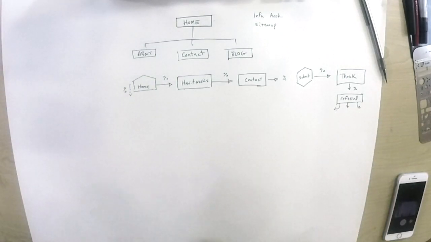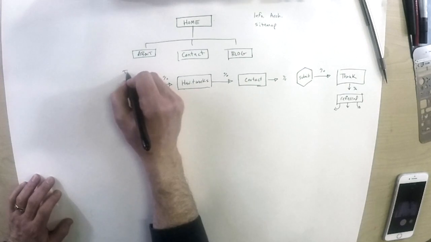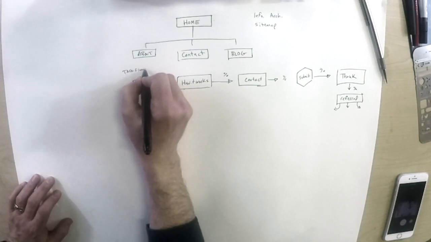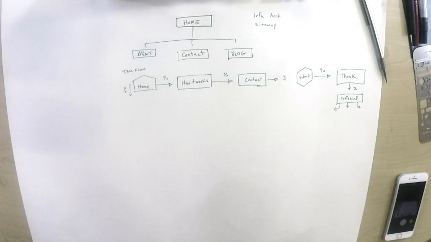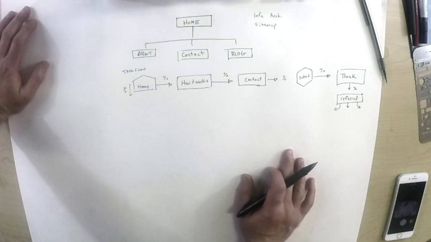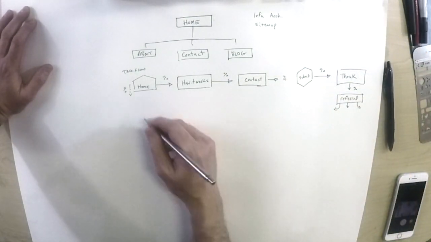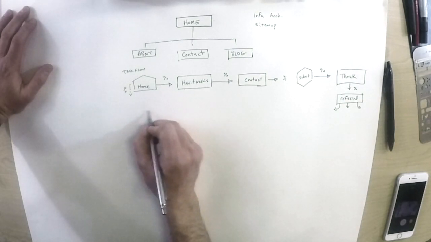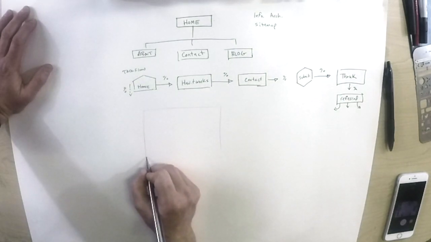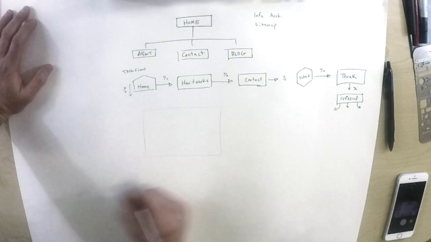Okay, so already we talked about sitemap, task flow. And next, I would typically do some kind of wireframing. And by wireframing, I really mean coming in and saying, well, here's the basic desktop layout, right?